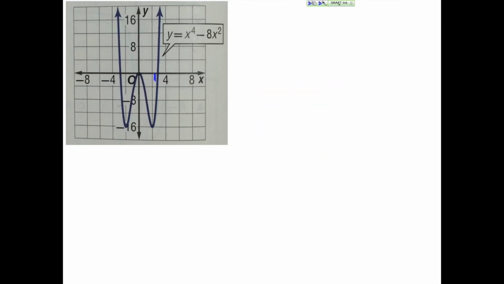All right, so for x-axis symmetry, we plugged in opposite y values to get the same x. If we're doing y-axis symmetry, what should happen? You plug in opposite x values and get the same y. So let's plug in opposite x values. And again, what number do we want to use? 1 and negative 1. So I plug in negative 1.